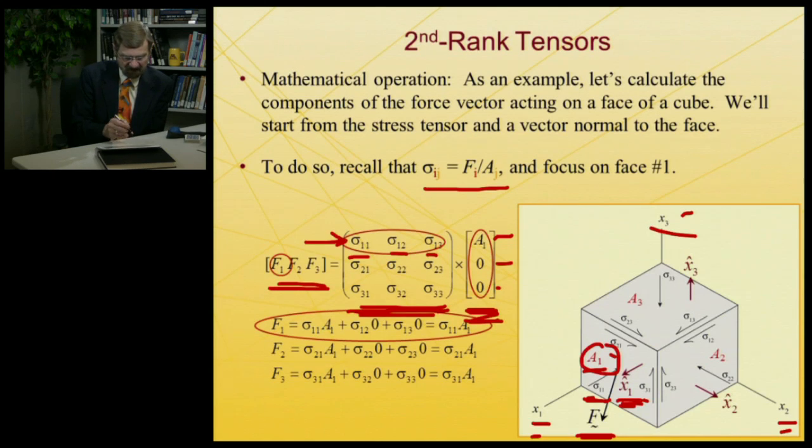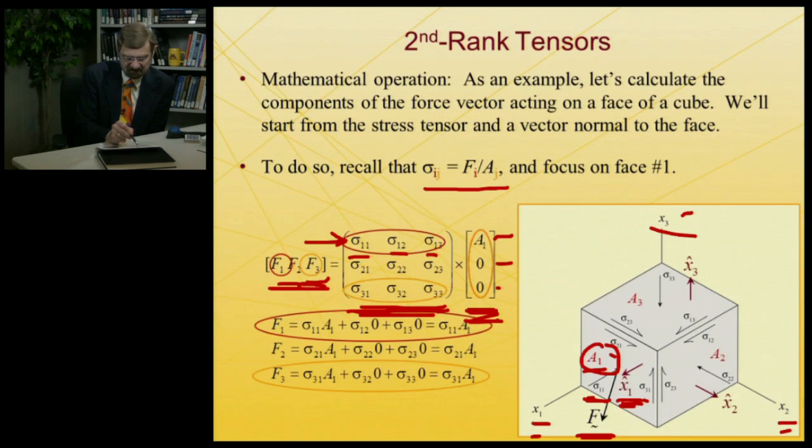I can calculate the effect of one of the shear stresses, and I'm going to specifically look at the shear stresses again on the A1 face, and I'm going to try to calculate the 3 component of my force over here.